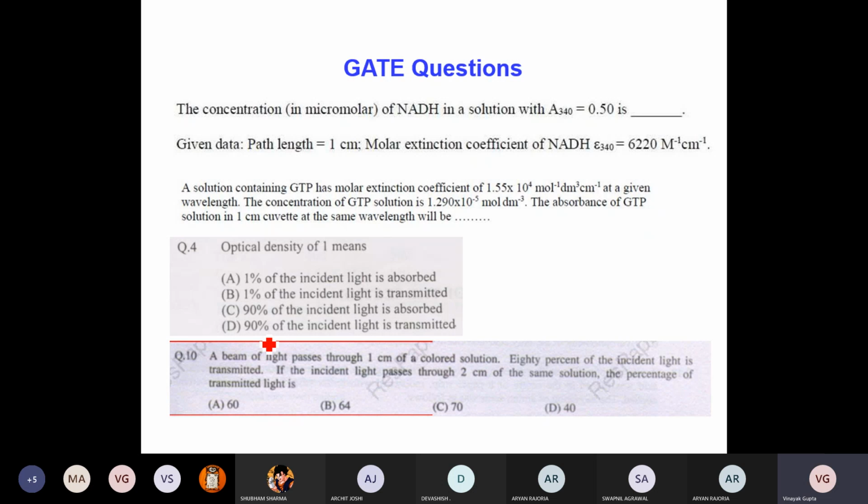Anybody's done with the first question? Sir, just checking the units actually. Okay. For the first one, you can express your answer in micromolar.